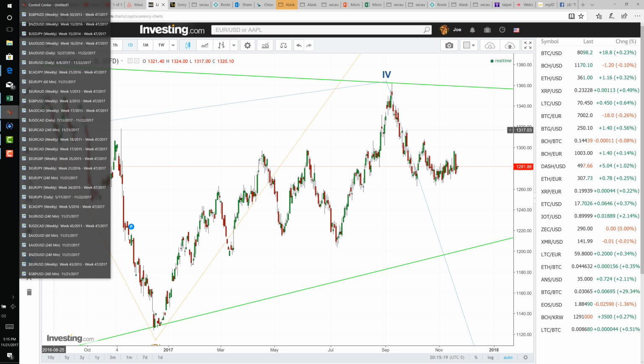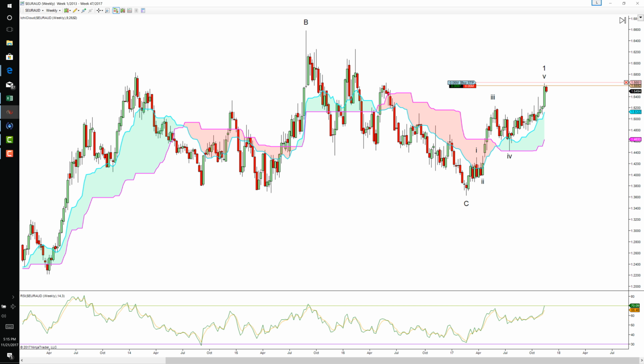Looking at the other markets I was in, I spoke on Sunday about the EURUSD, and it ended up starting to take off. I was up about 110 pips a few moments ago, now I'm down to 97, but I still anticipate a move to the downside in this market.